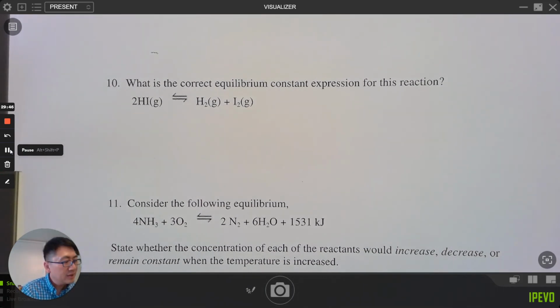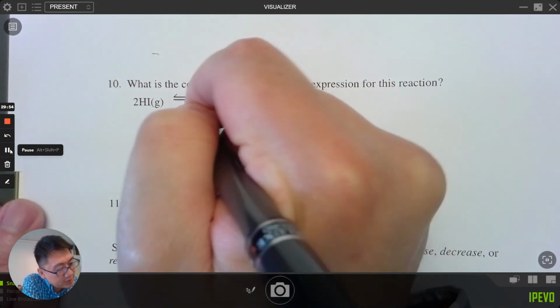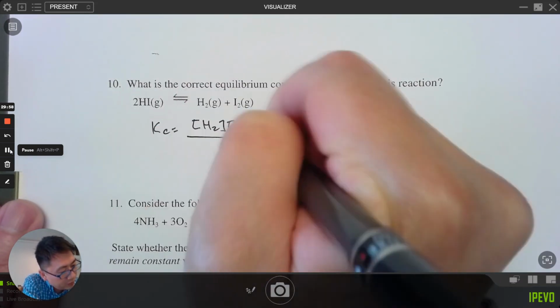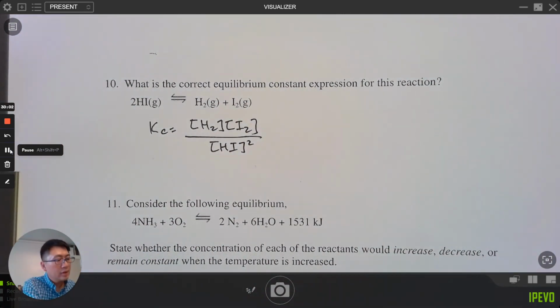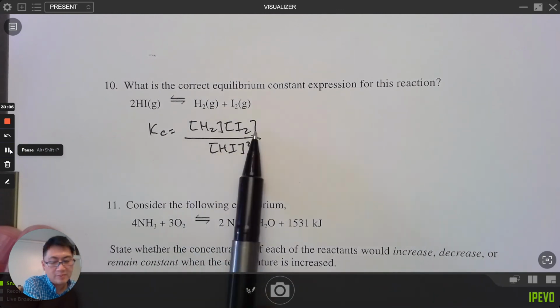Okay, number 10. What's the correct equilibrium constant for this expression? Technically, there's 2. Kc is equal to products over reactants squared, because coefficient 2 is squared, and coefficient 1 is first power.